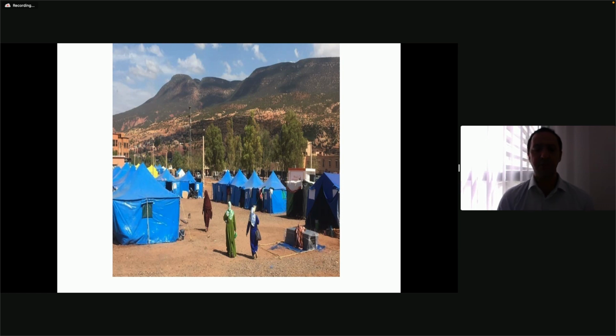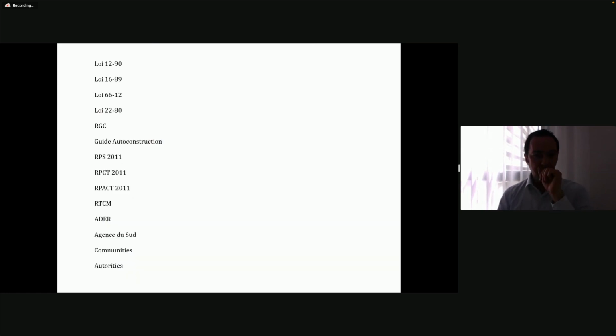But what will we do for the middle term and the long term? This is the main question for us as architects, because we cannot afford to have this kind of tents in 2 or 3 years. We have to act now. We have a set of laws in Morocco dealing with construction and heritage.